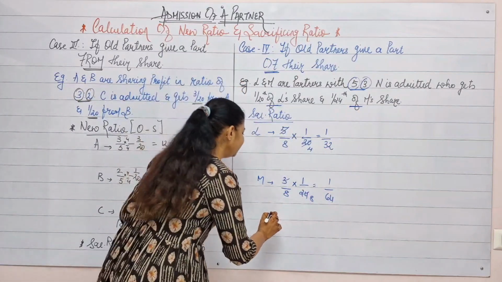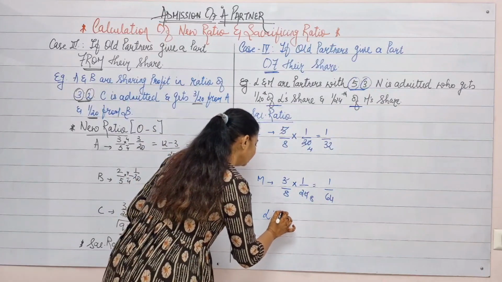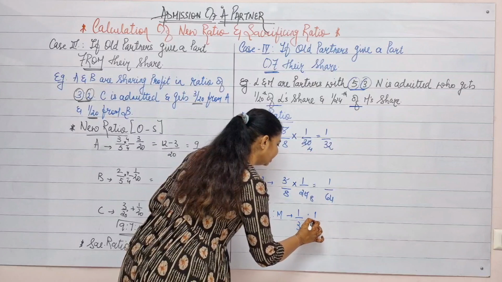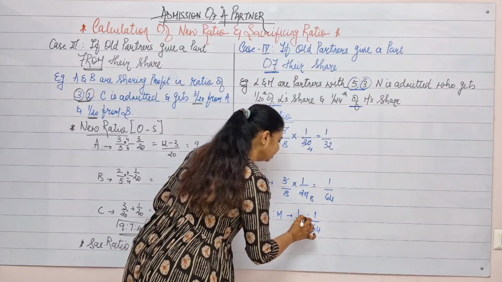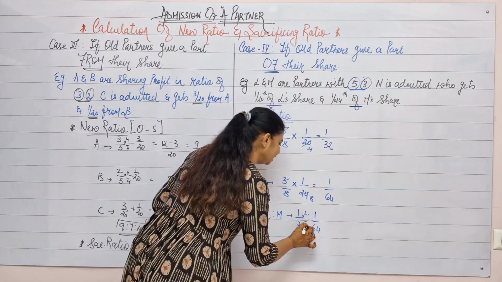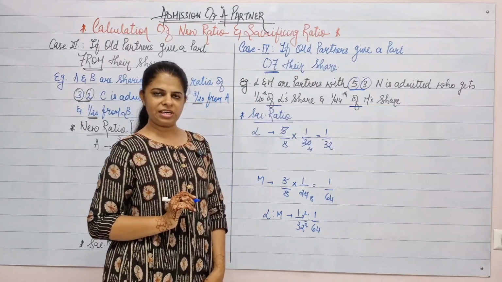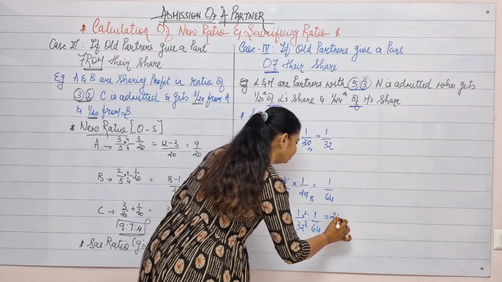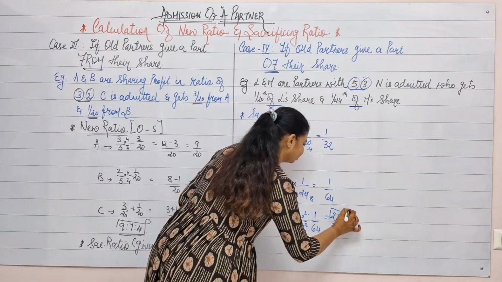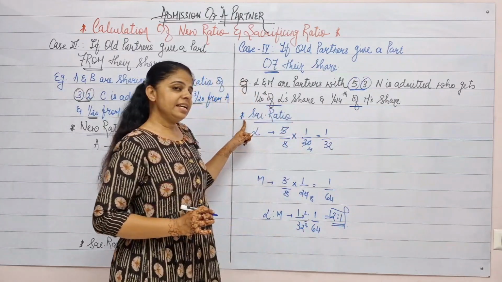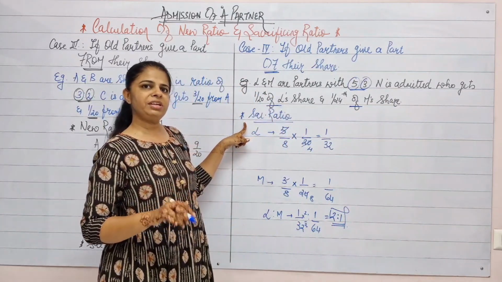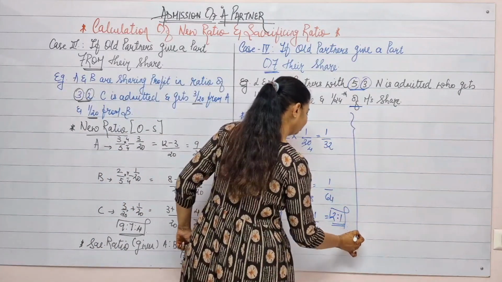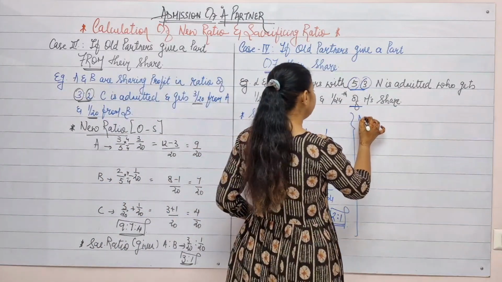So here we can write L is to M, 1/32 is to 1/64. 32 को 64 लाने के लिए we need to multiply ऊपर नीचे 2 से, and thus their sacrificing ratio will be 2:1. Now based on sacrificing ratio we will be further able to calculate new ratio.